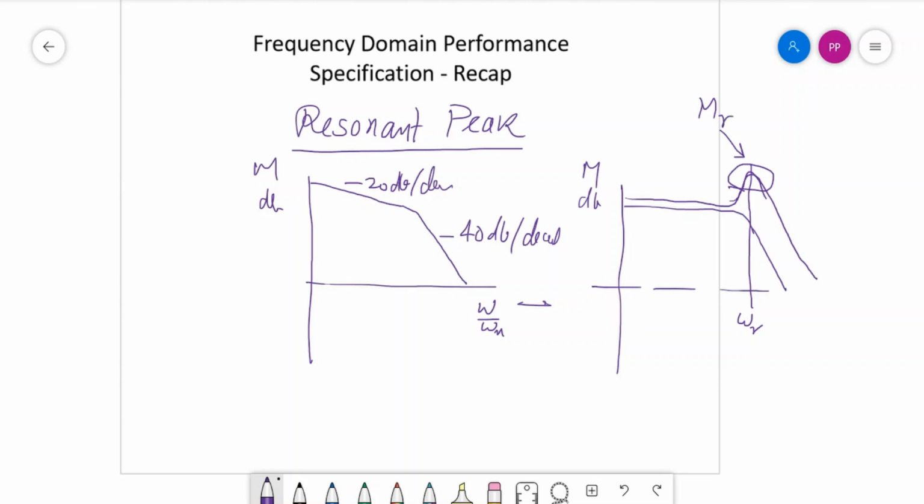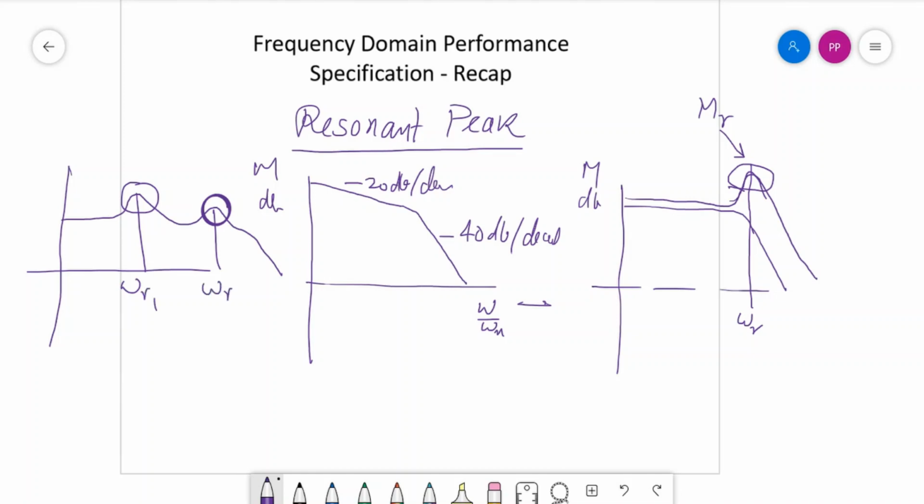There could be systems with more than one such peak. In this figure there are two resonant peaks, so there will be two resonant frequencies, omega r1 and omega r2.